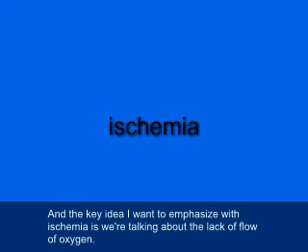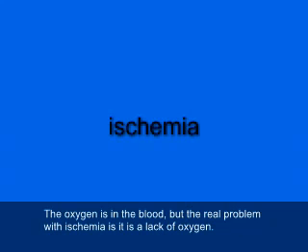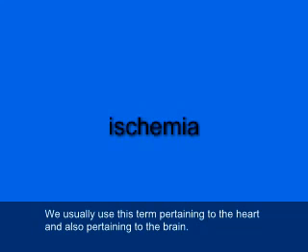ischemia. And the key idea I want to emphasize with ischemia is we're talking about a lack of flow of oxygen. The oxygen's in the blood, but the real problem with ischemia is it's a lack of oxygen. And we usually use this term pertaining to the heart and also pertaining to the brain.